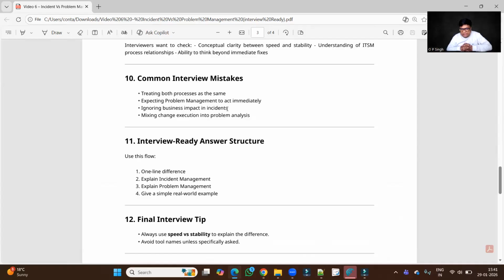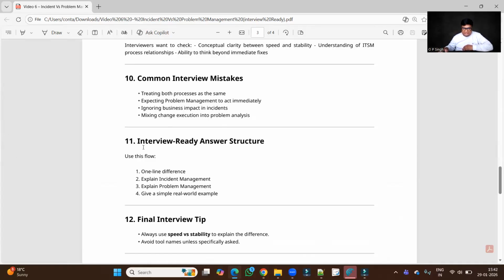That results in ignoring the business impact, and may lead to a longer window of outages, which is again bad for business. Another mistake is mixing change execution into problem analysis. People are confused between problem management and change management. You should not make such mistakes in future, because I am explaining everything to you properly.